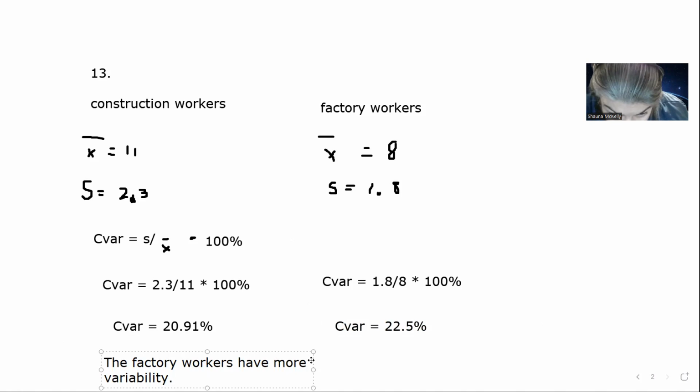If you just calculate the coefficient of variation and you don't answer any question that might be out there, that's an automatic point deduction on the test or the quiz. So don't forget to actually answer the question. But I hope that helps with 13, and I believe 14 is similar. Let me come back to the homework now and show you.